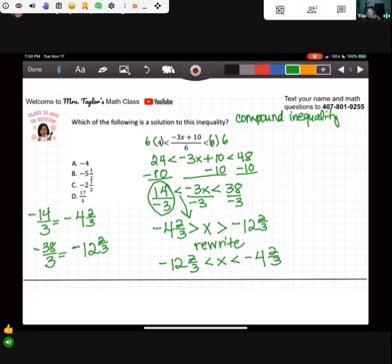Is negative 5.5 in between these two numbers? Yes, it is. So I would pick this one. Negative 2.5 is going to be before the negative 4 and 2/3. And positive 17 over 3 is not even a contender because it's positive.